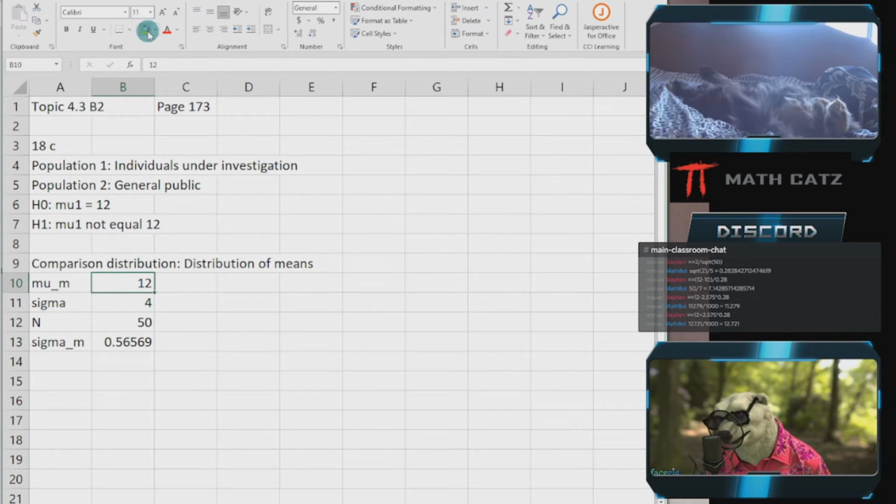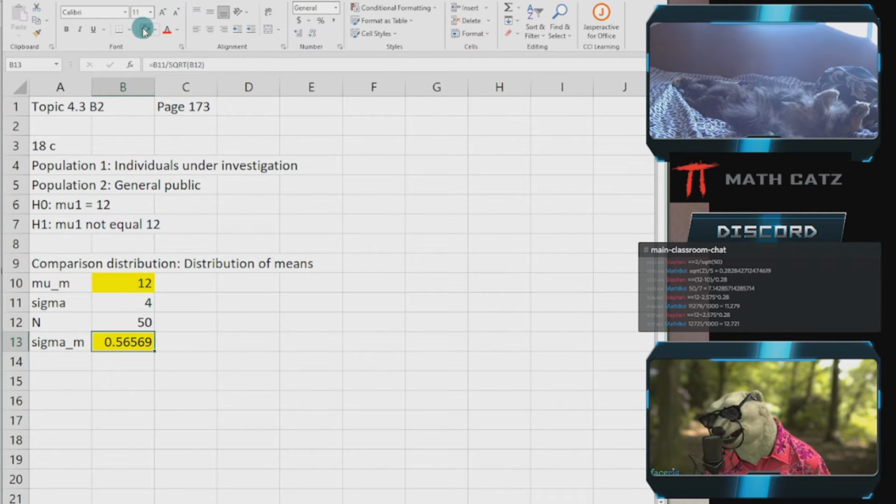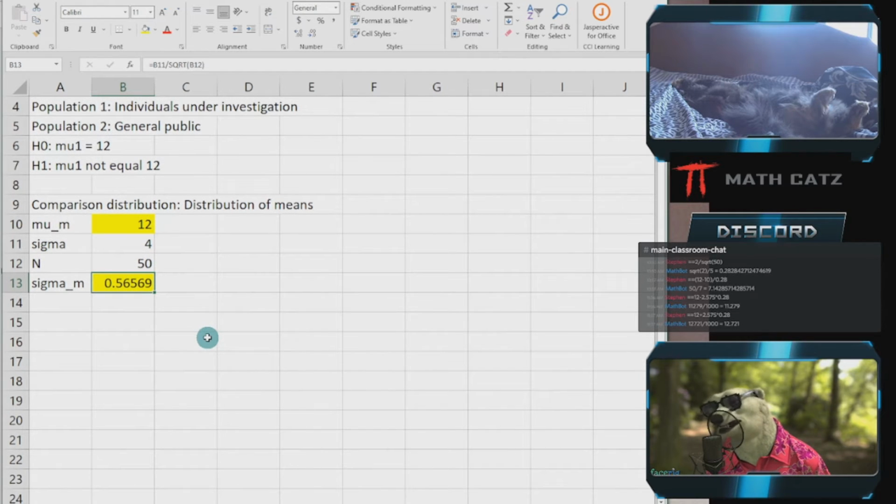Now, I will highlight these. I know the sigma m was technically a calculation, excuse me, but just to highlight it so I can easily spot it later. Really doesn't matter what your color coding system is.